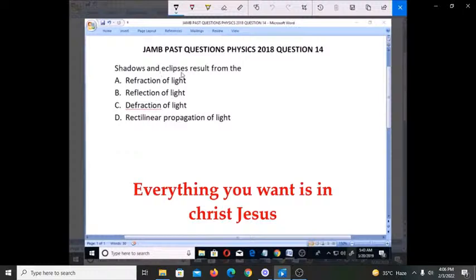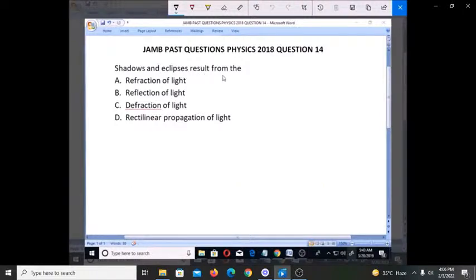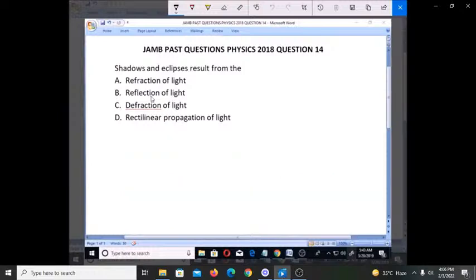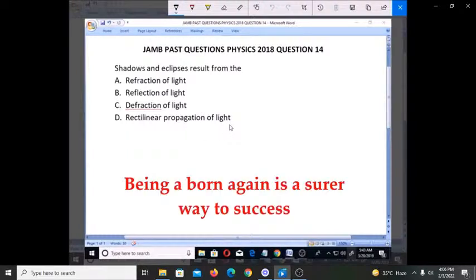Shadows and eclipses result from the: A. Refraction of light, B. Reflection of light, C. Diffraction of light, D. Rectilinear propagation of light.